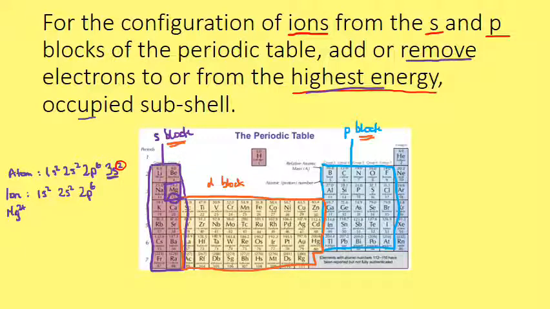Good, so let's now do the same for a non-metal. Why don't we pick chlorine? I'll do it in blue because it's the colour of the p block in the periodic table. A chlorine atom has 17 electrons, so we write out 1s2, 2s2, 2p6.